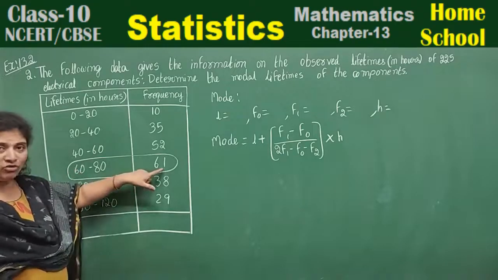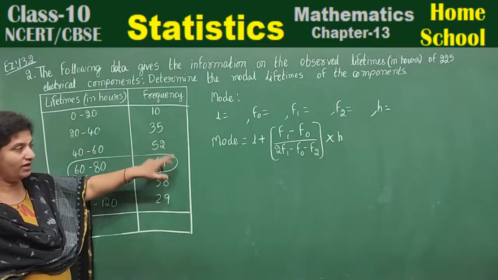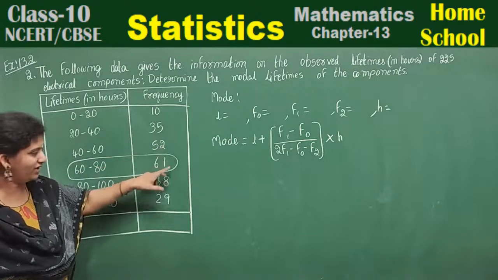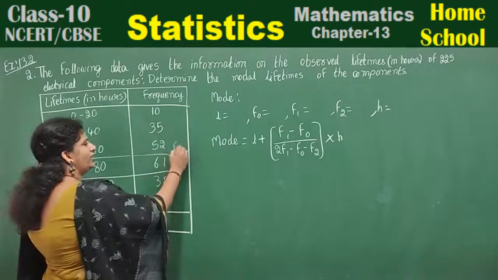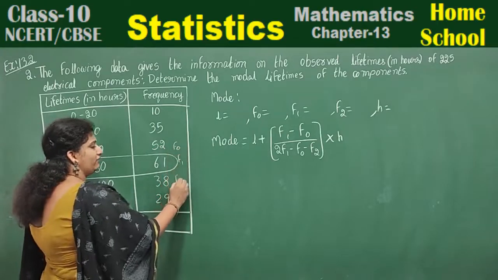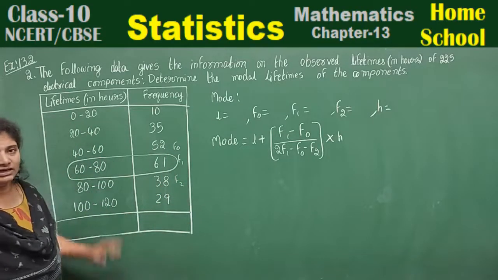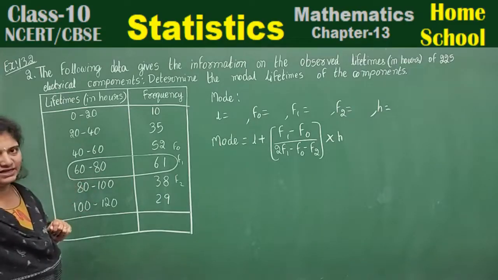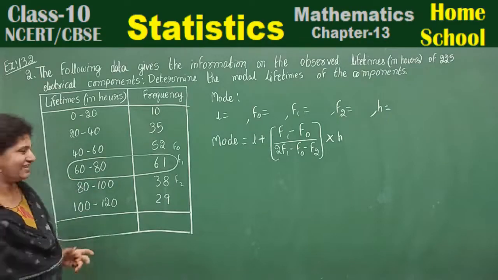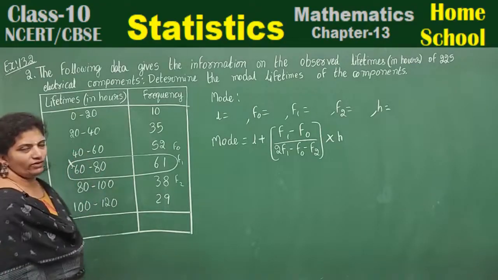And the frequency in the modal class is F1, with F0 before it and F2 after it. What is the class size? H. 80 minus 60, 20 is the class size.